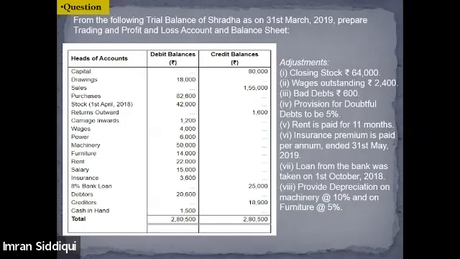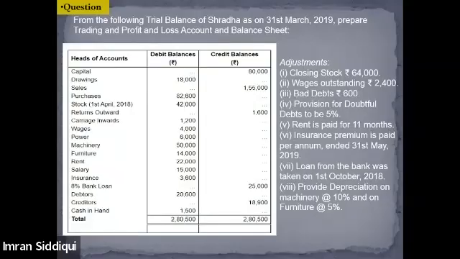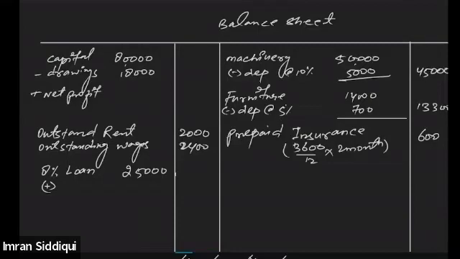And this is 25,000. Yeah, amount of loan is 25,000. But the interest which is still not paid for the last 6 month period, starting from October till 31st of March: October, November, December, then January, February, and March. So there are 6 months.